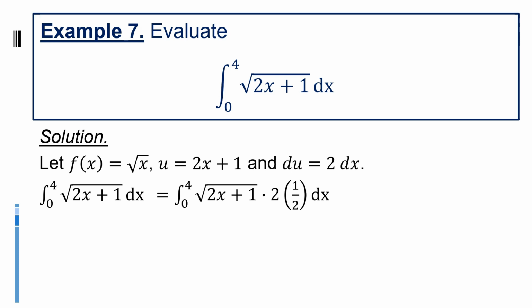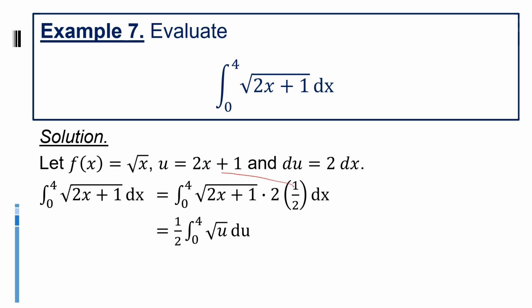So, the integral from 0 to 4 of the square root of 2x plus 1 dx is just equal to the square root of 2x plus 1 times, since wala tayong 2, magdagdag tayo ng equivalent niya na 1. So, we have 2 times 1/2 dx, or that is now 1/2.